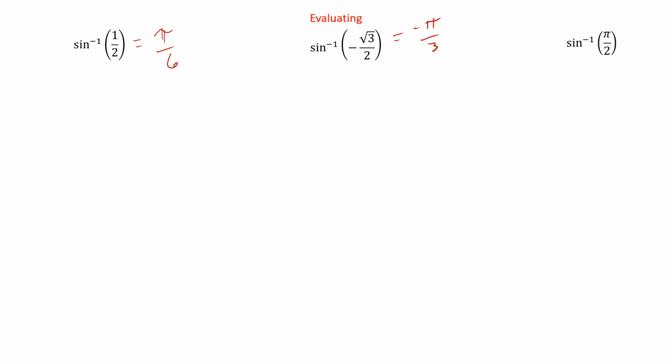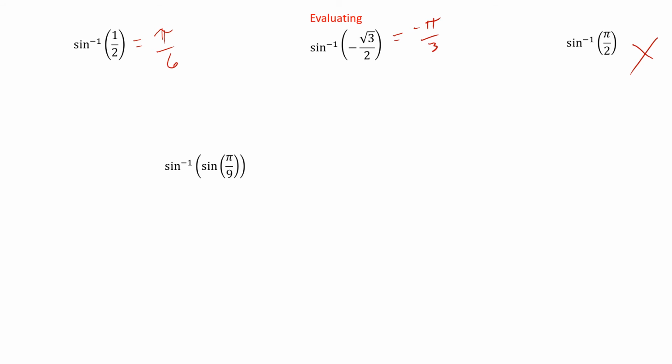Pi/2 is bigger than that. So this doesn't exist. You can't do that one. Now, if it was inverse sine of 0.2, yes, you could do that. It's not one that we would know though. You would need to use a calculator for that one.